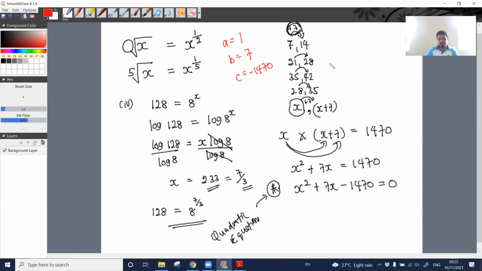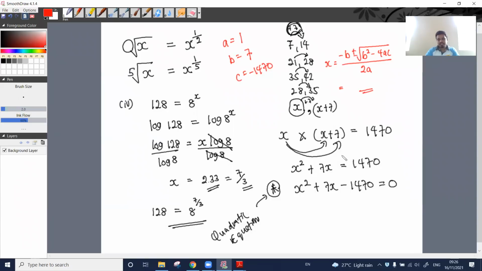Using the quadratic formula, x equals minus b plus or minus square root of b squared minus 4ac divided by 2a. By substituting these a, b and c values, we can get the values of x.